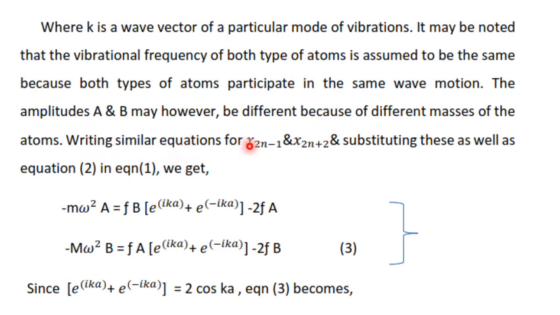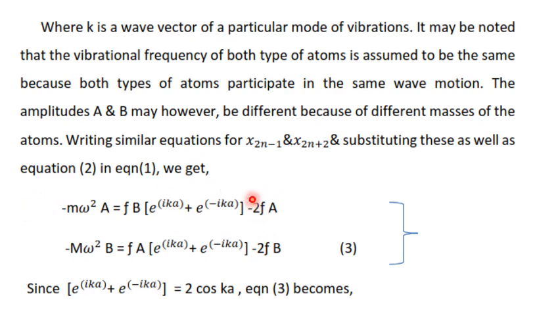Writing a similar equation for x2n minus 1 and x2n plus 2 and substituting these values in equation 2 and equation 1, we get the solution: minus m omega square A is equal to f into B into e power ika plus e power minus ika minus 2fA. I solved this in the monoatomic case also.